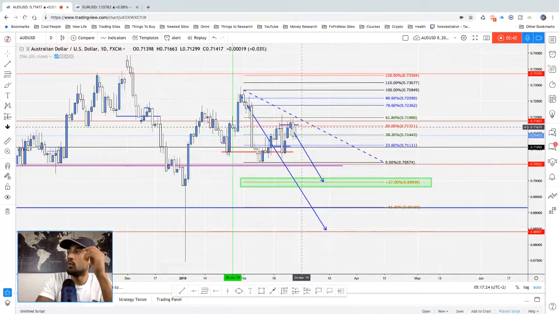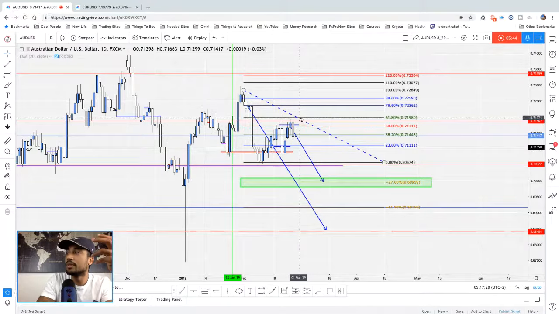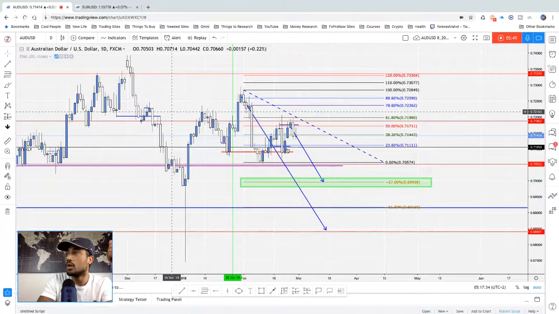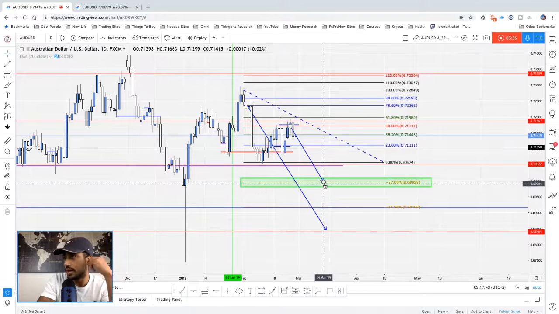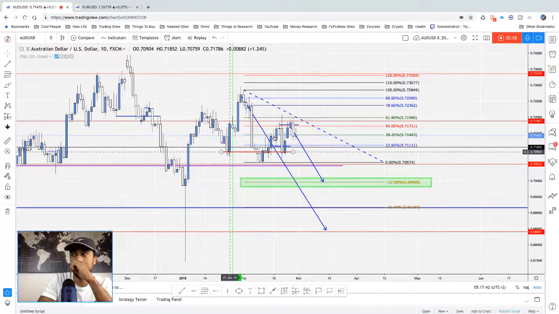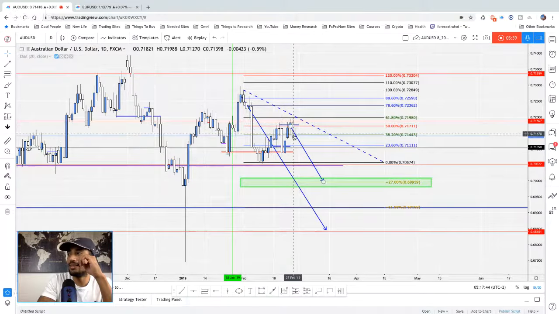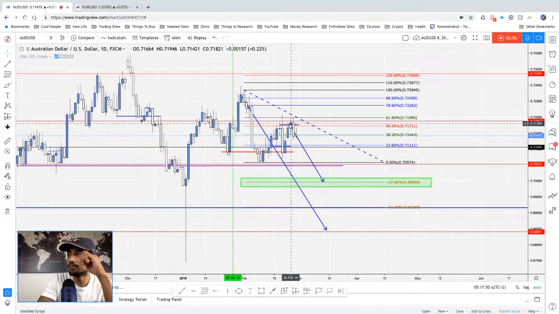And what we see here is it tested this 50% area, hasn't really got to the 61.8 area. But I wouldn't be surprised if on the H4 it probably did. So we could be looking for this to continue to this negative 27%, which is what I have here. Okay. We do have that this candle right here closes beyond this bullish candle right here for the continuation of this downwards push.